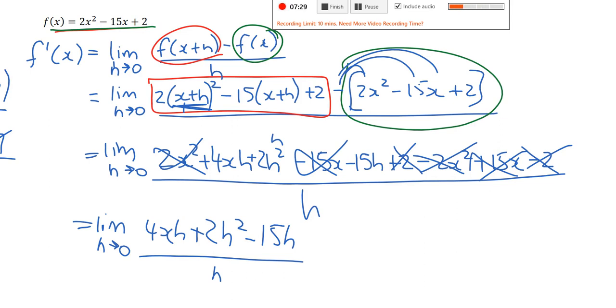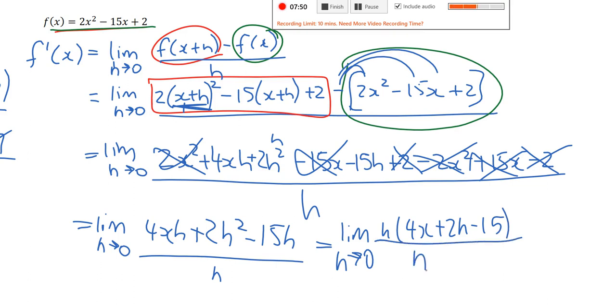Is that right? Factorise the top line and get h into 4x plus 2h minus 15. And because that is all divided by h, I simplify, leaving me with an answer of 4x minus 15 plus 2h. Okay?